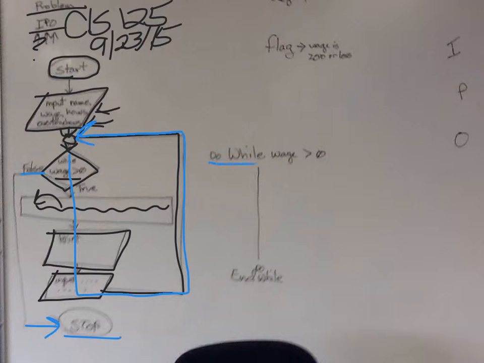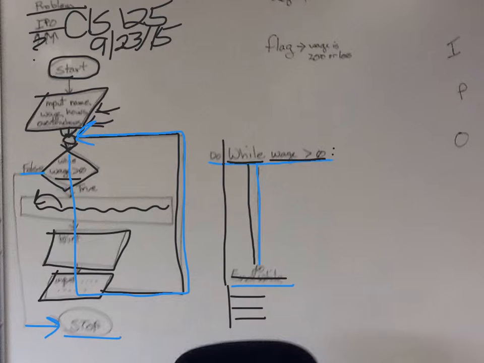So we get a do while wage is greater than 0, and everything's indented. And then we learn in Python, it's a while, wage, colon, and then it'll execute everything inside here. And in Python, you don't need the while end, you can just continue your other work out here.